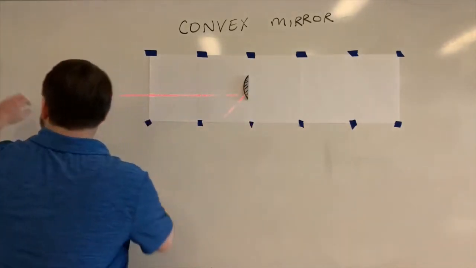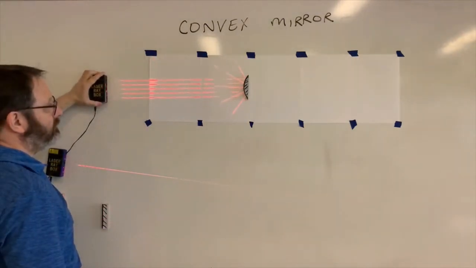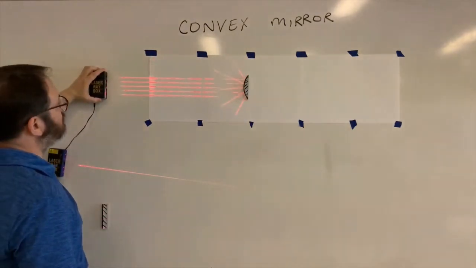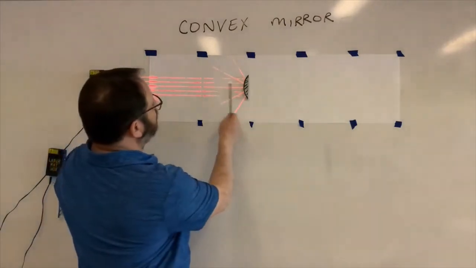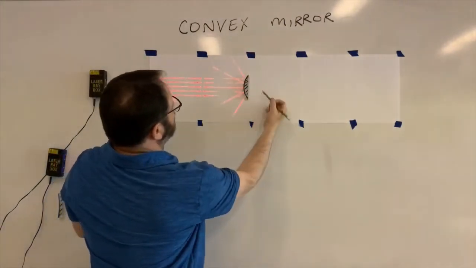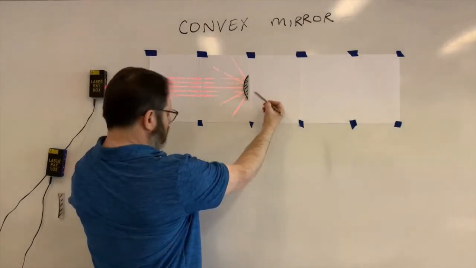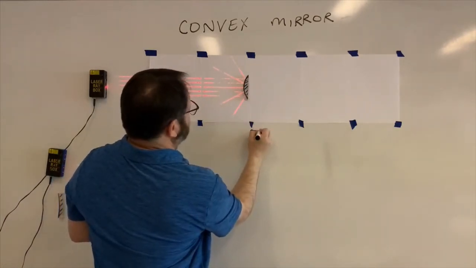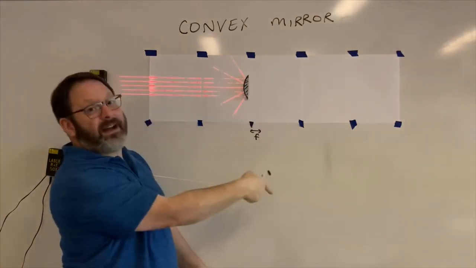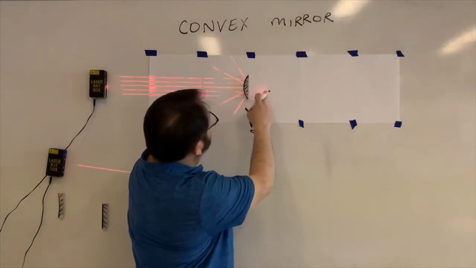And if we bring in the 5 beams, you can see that for this one, all of the beams appear to point to the same place, maybe somewhere right around here. So the focal point of this mirror is actually back here behind the surface of the mirror.